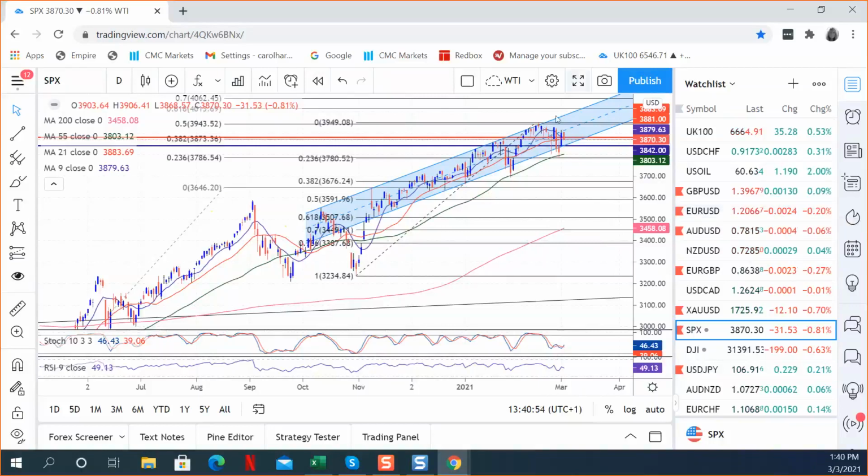But look, it held, and you had two big levels. You had a Fibonacci extension at 23.6 and a 23.6 retracement at 37.80, 37.86. The low was here.